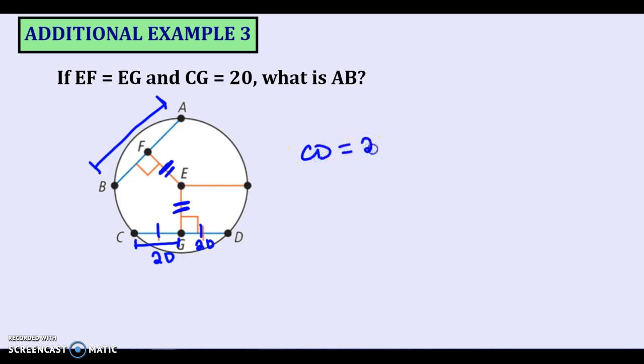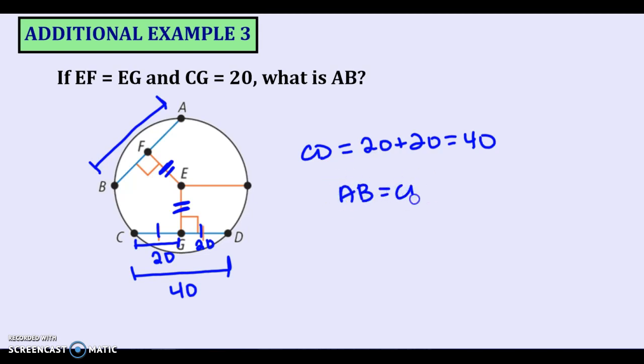Therefore, CD is equal to 20 plus 20, which is 40. So this whole chord is going to be 40. Because AB and CD are equidistant from the center, I know that AB is equal to CD using the theorem we just wrote down. So therefore, AB is also equal to 40.